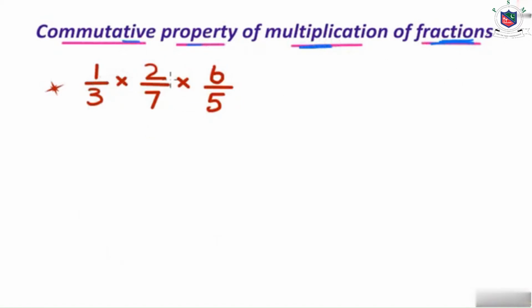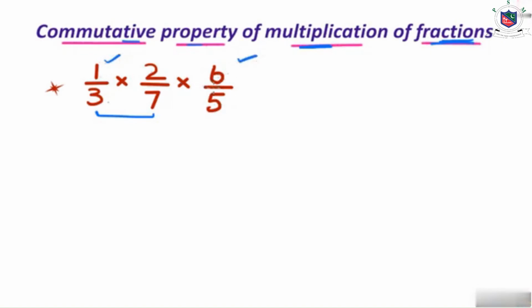Now let's check how we can solve it if we change the place in the multiplication of 3 fractions. By the commutative property, it is proved that we can change the place of fractions. So here we have 3 fractions. First we have to multiply 2 fractions, and the answer we have to multiply by the third fraction.